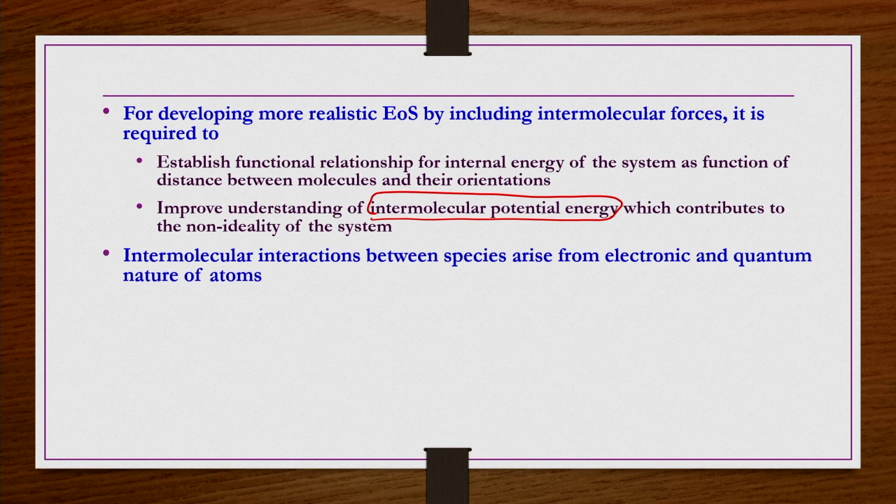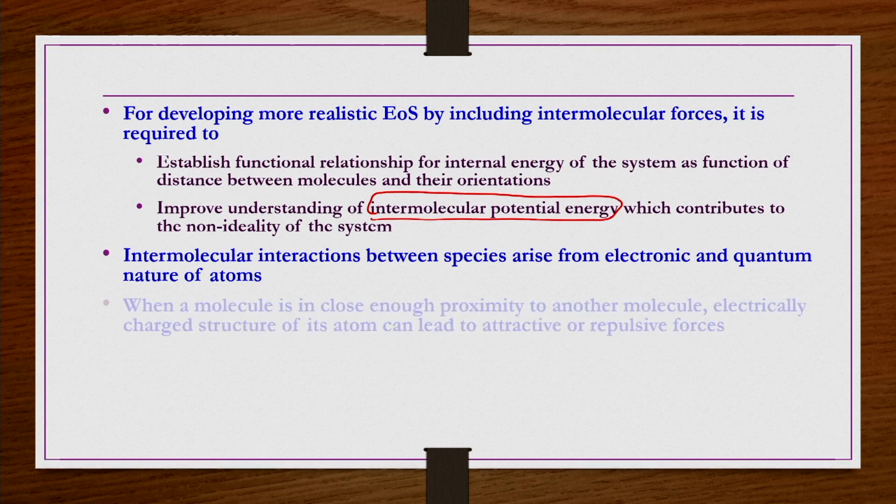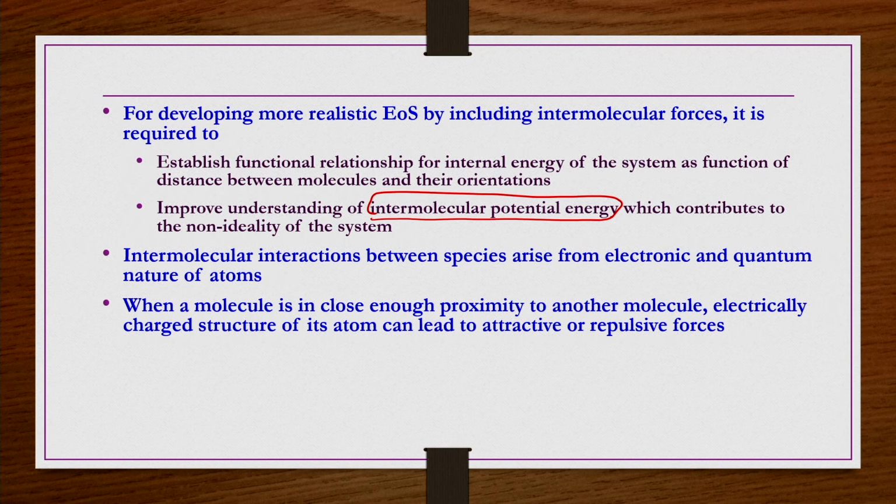Intermolecular interactions between species arise from the electronic and quantum nature of atoms, and we know when a molecule is in close enough proximity to another molecule, the electrically charged structure of its atoms can lead to either attractive or repulsive forces. In general, if the molecules are of the same nature, similar molecules, and they are touching each other, there will be repulsive forces. But as you move away slightly, what happens?